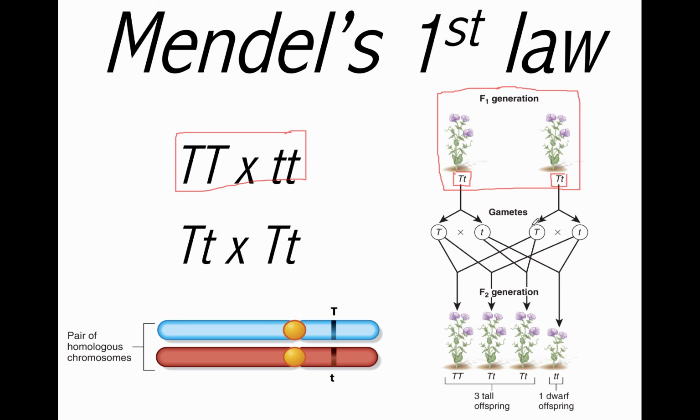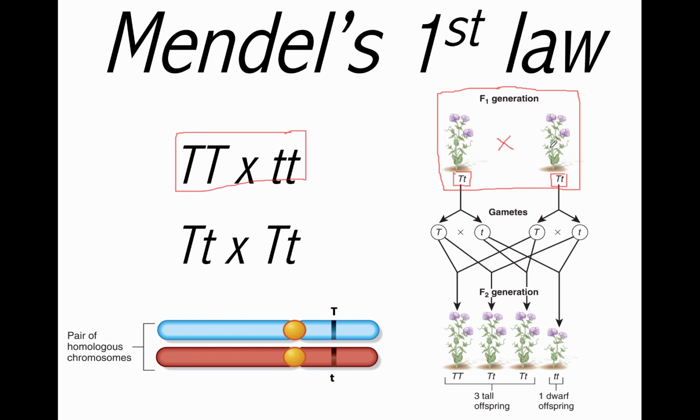So here's what Mendel did next. He took two of his plants that he got from his first cross, and he crossed them. He took pollen from this plant and fertilized this plant over here. The good thing about these plants is that you don't actually need two plants. You can take just one plant and do what's called self-fertilization.